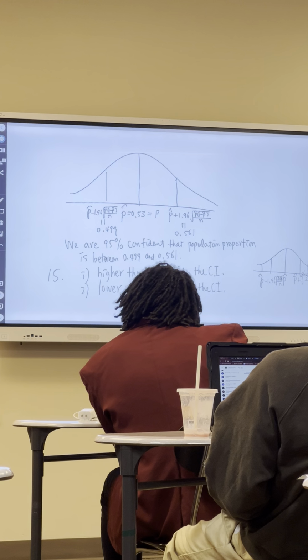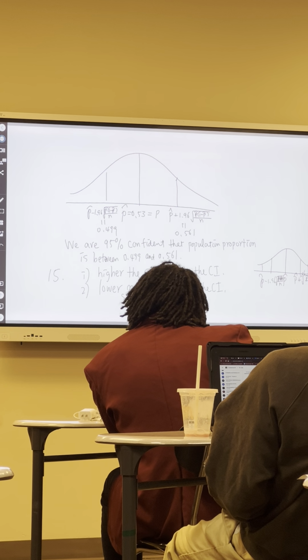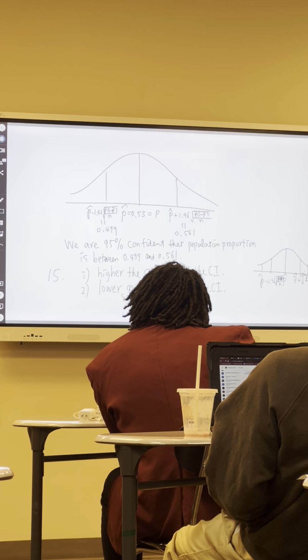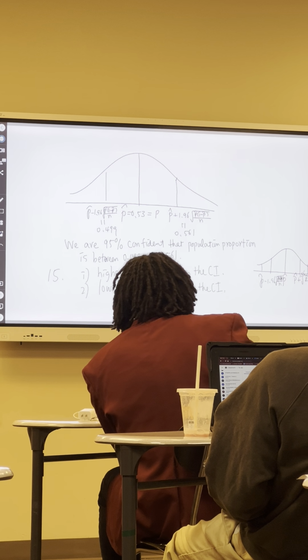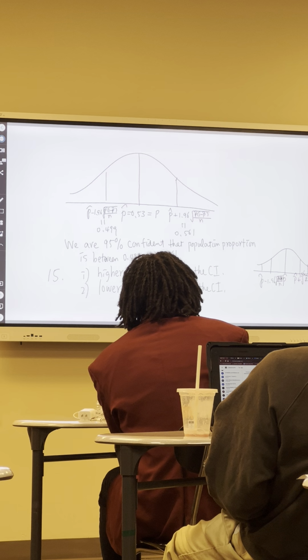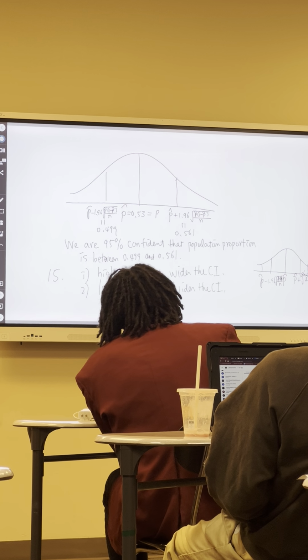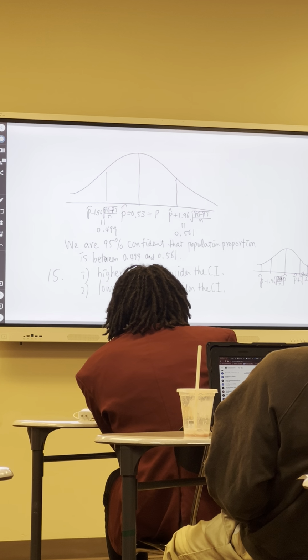Ninety-five percent confident the population proportion is between 0.499 and 0.56. Number 14.3.